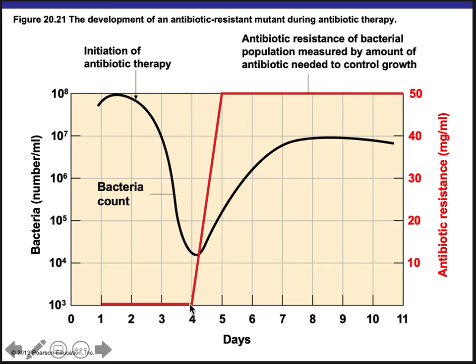At this point, you're killing off all the susceptible bacteria, or most of the susceptible bacteria, and now you've selected for the resistant bacteria. So the resistant bacteria are going to start to take over the population, and they'll continue to grow and grow and grow because they're resistant, right? They're not affected by the antibiotic. So now you have a large amount of resistant bacteria.